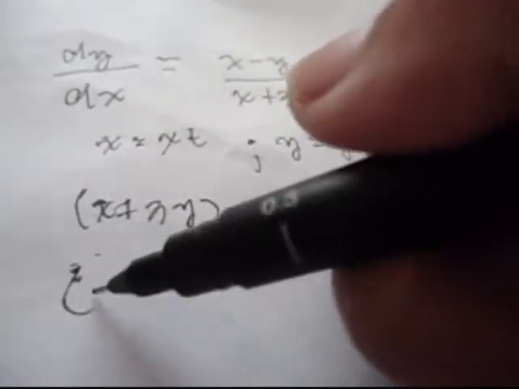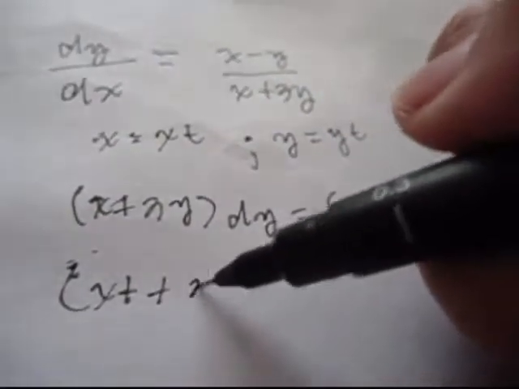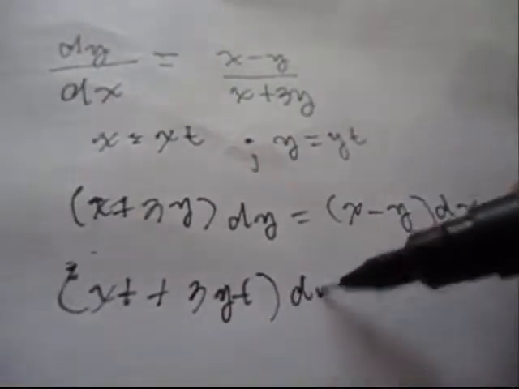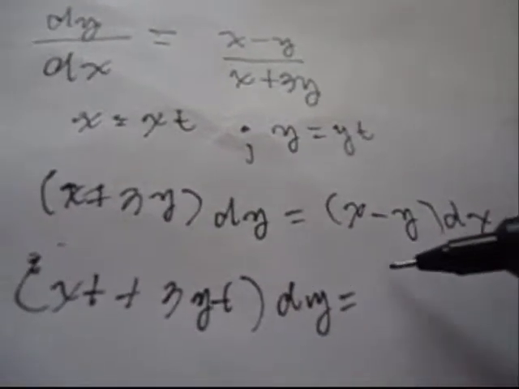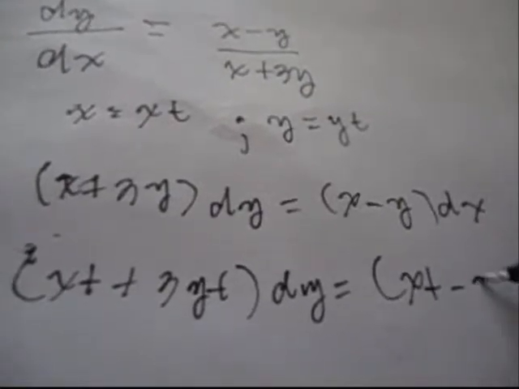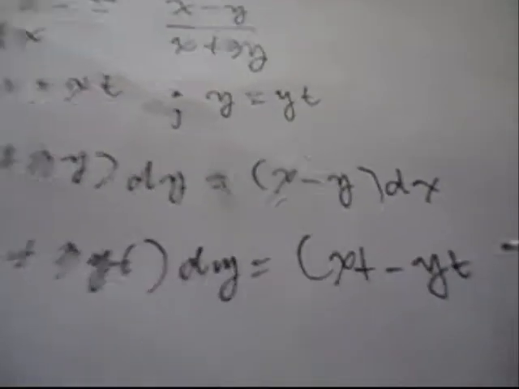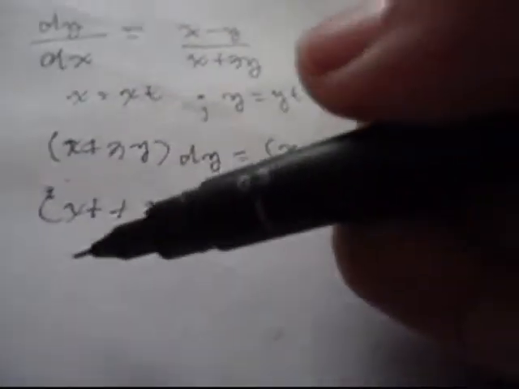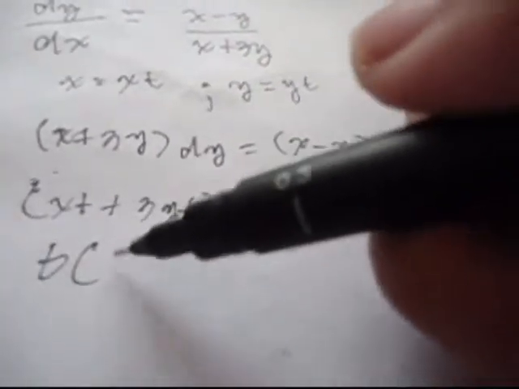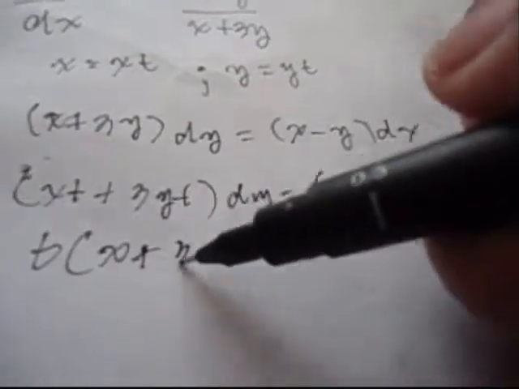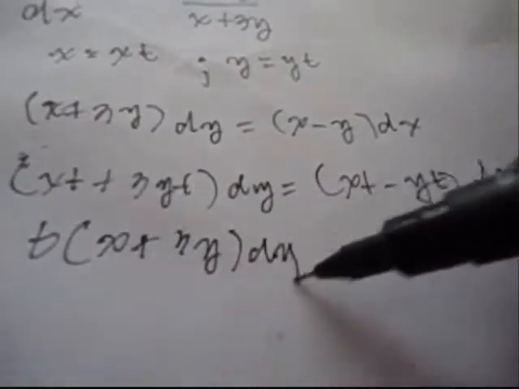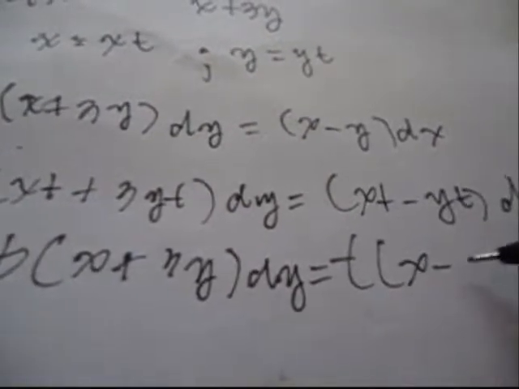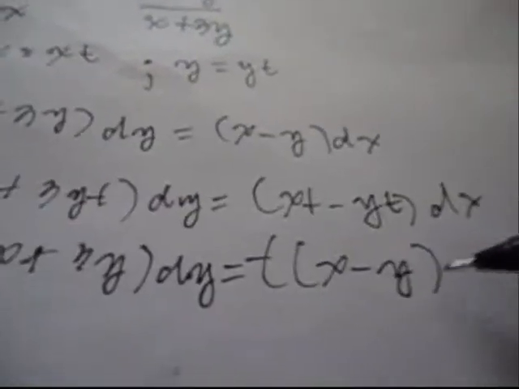So we have xt plus 3yt dy equals xt minus yt dx. Then we factor out t. We have t times x plus 3y dy equals t times x minus y dx.